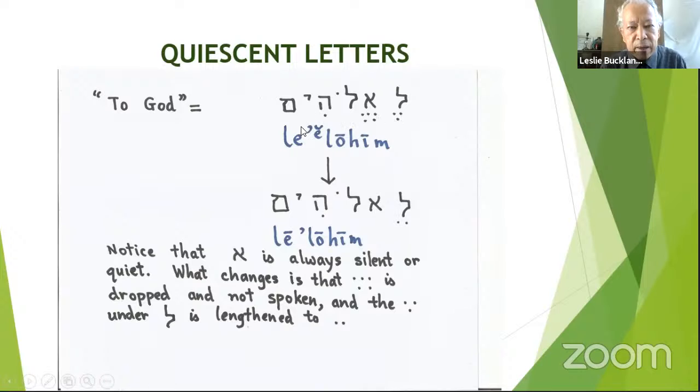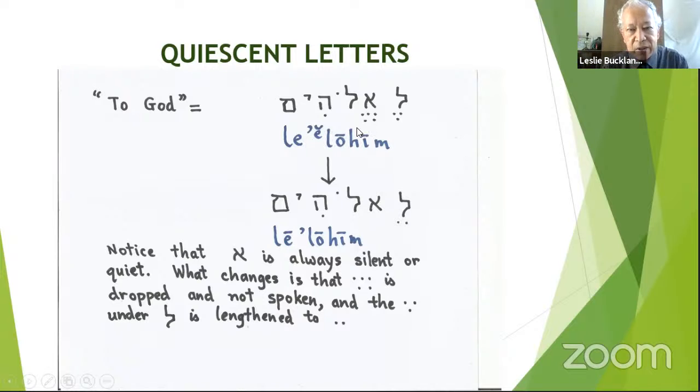Le Elohim. Le, and this is the Aleph, like our apostrophe. And this is the Segol of the Katef Segol. And this is the L, this is the O, the long O, this is the H, this is the long I, and this is the M, Le Elohim.